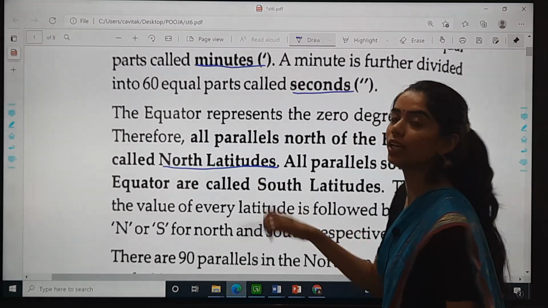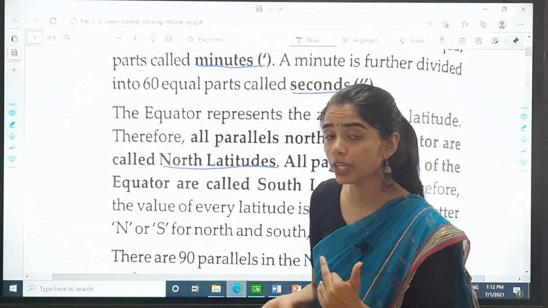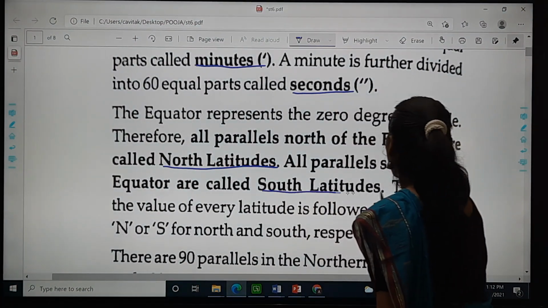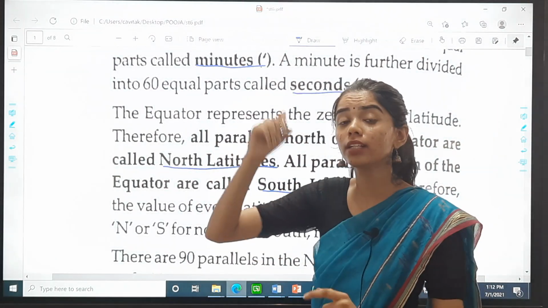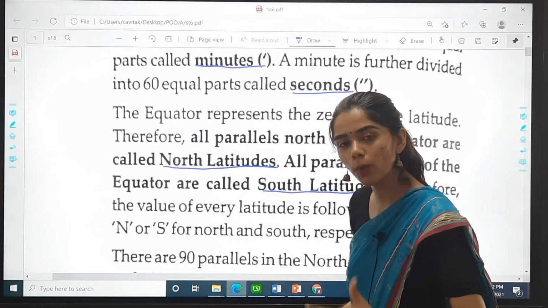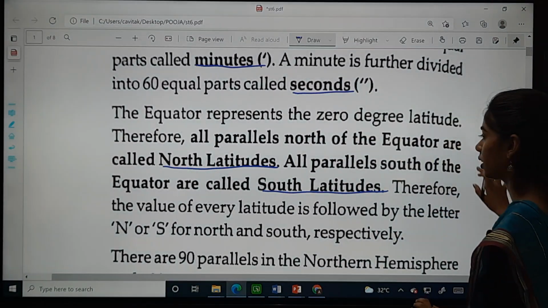They will be known as north latitudes. और जो parallels south में होंगे उन्हें क्या बोलेंगे? They are called south latitudes. Is it clear? Parallels that are in the north are known as north latitudes and the ones in the south are known as south latitudes.